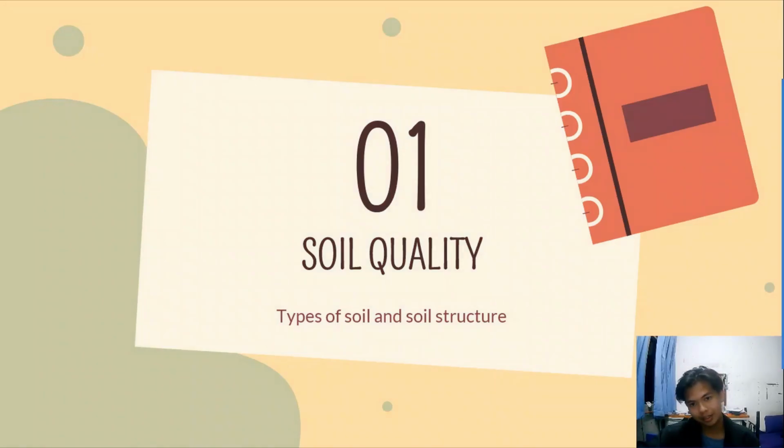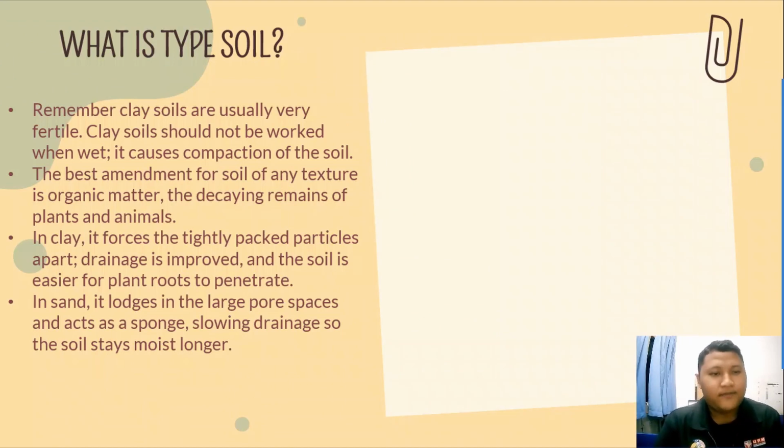Okay, soil quality. What is a type of soil? Remember, clay soils are usually very fertile. Clay soil should not be worked when wet, because it causes compaction of the soil. The best amendment for soil of any texture is organic matter, the decaying remains of plants and animals.